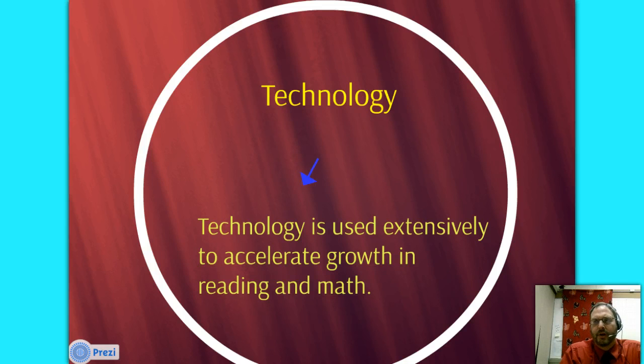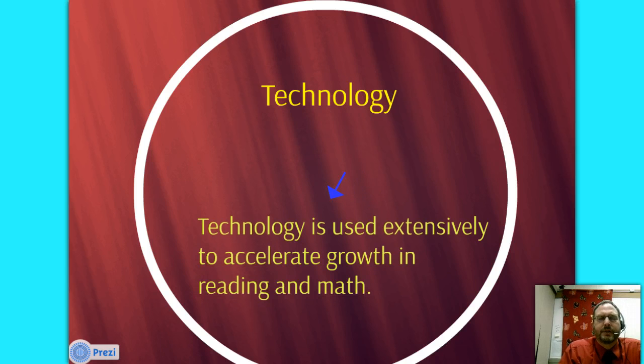Just for example, there are tons of math apps that students can use to increase their facts. In reading, there are lots of different apps, and lots of different technologies that we can use to help kids mark up text and understand text in a way that they've never been able to do before.